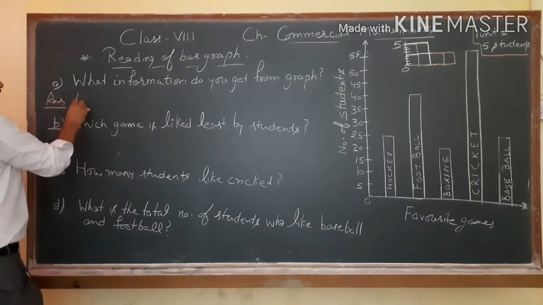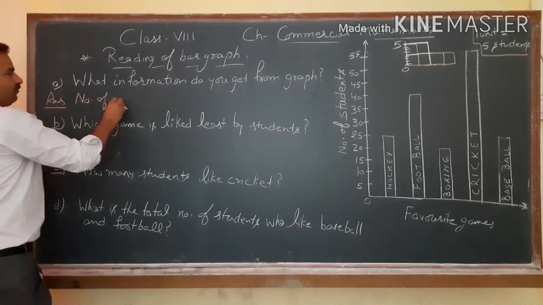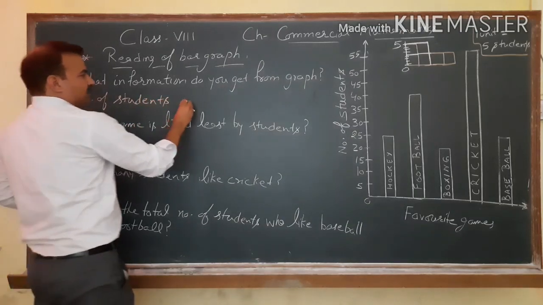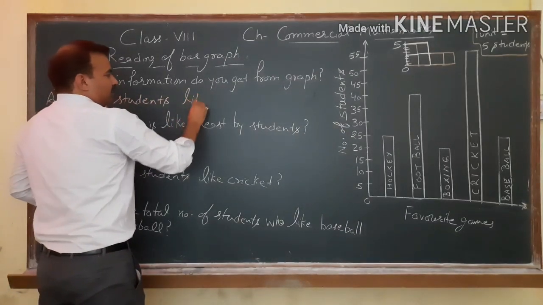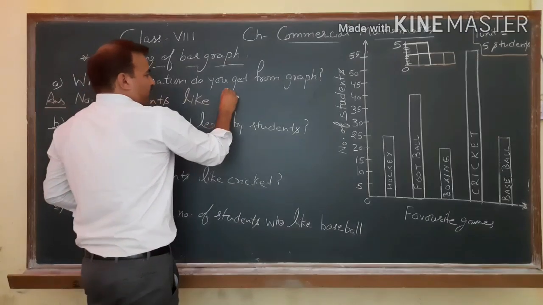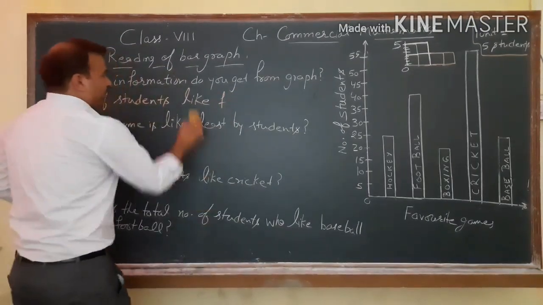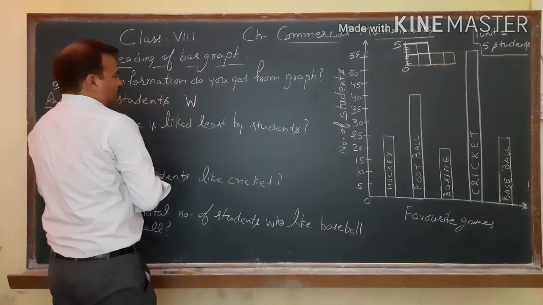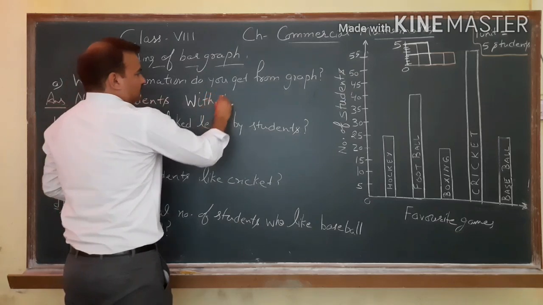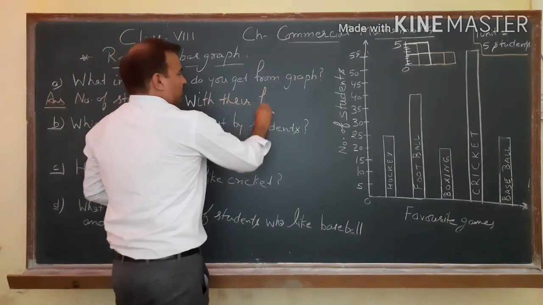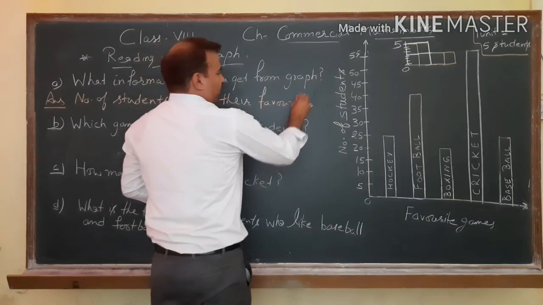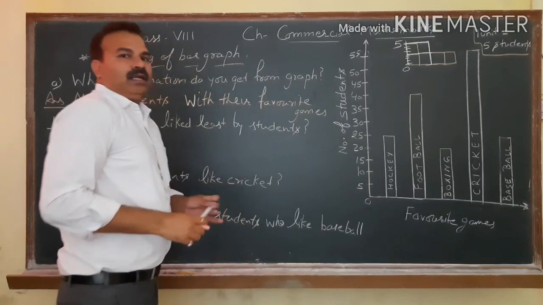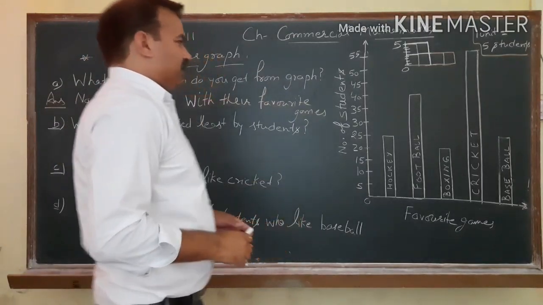Information is that number of students like favorite games, or you may write number of students with their favorite games. That is, how many students like which game.